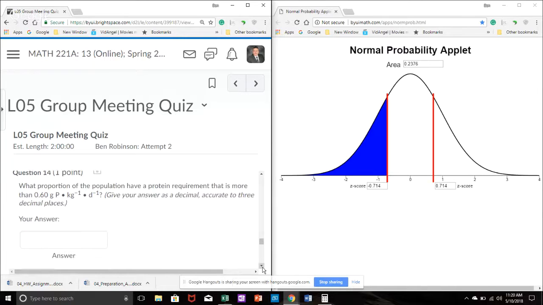What proportion of the population have a protein requirement that is more than 0.60 grams protein?